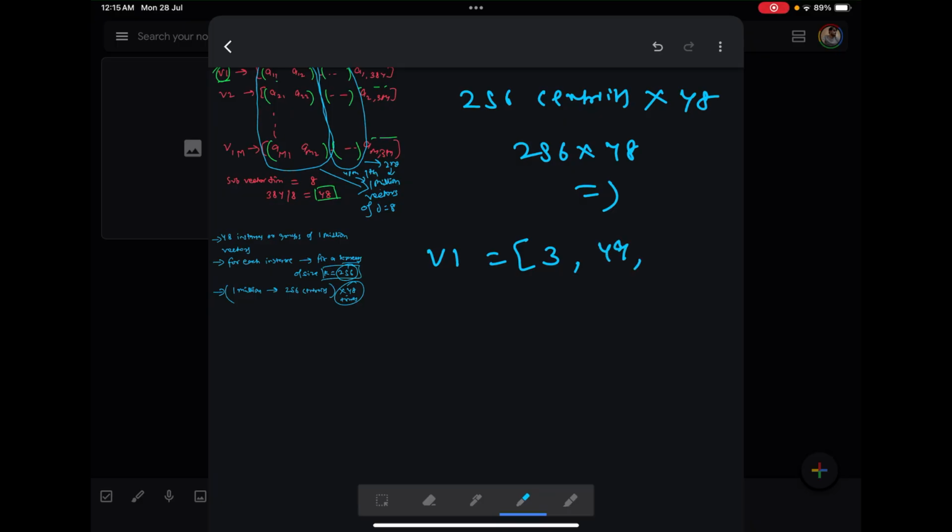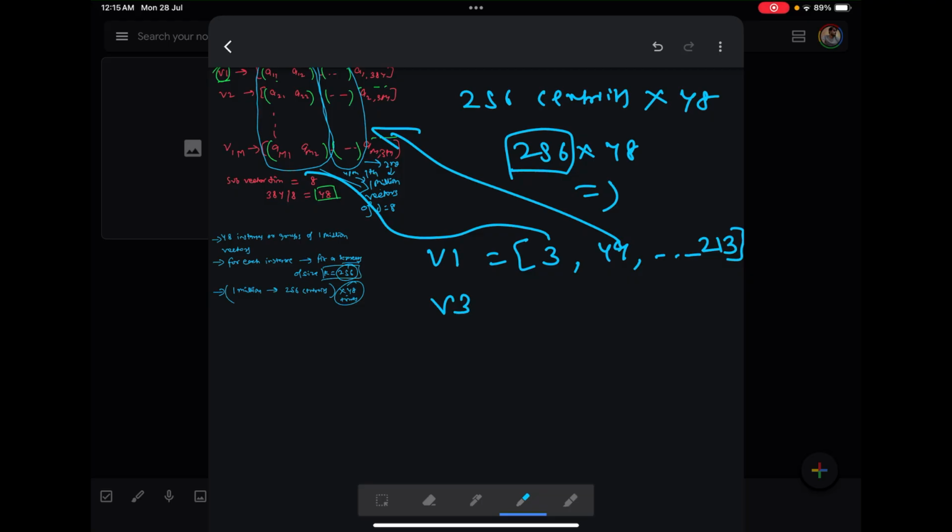This 49 is coming from the second group, and this 3 is coming from the first group, and similarly the last number can be maybe 30, since there are 256 centroids. Similarly, V2 can be written like this, and Vm can be written like this.